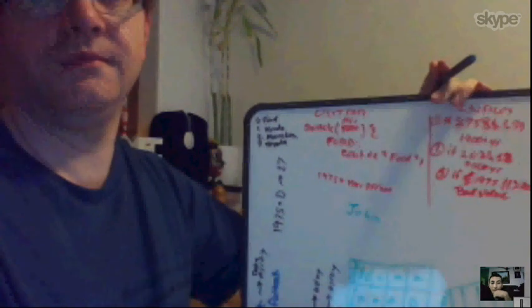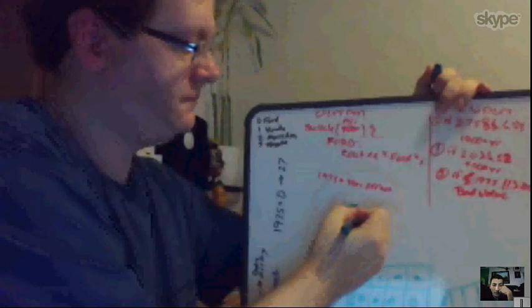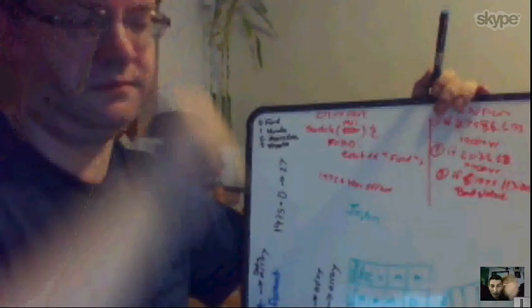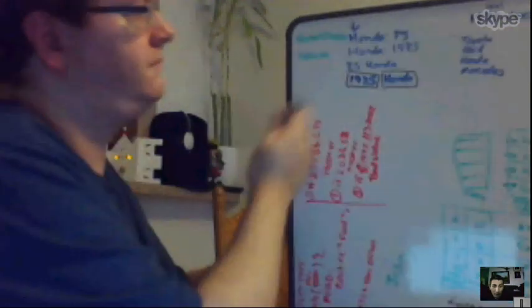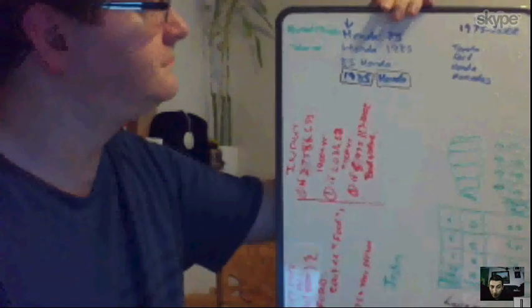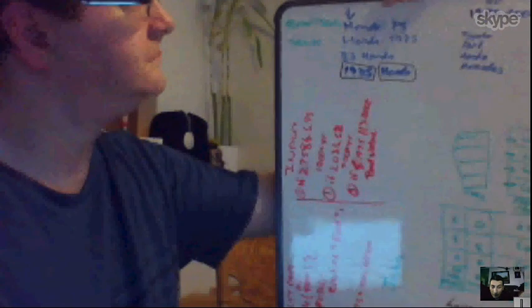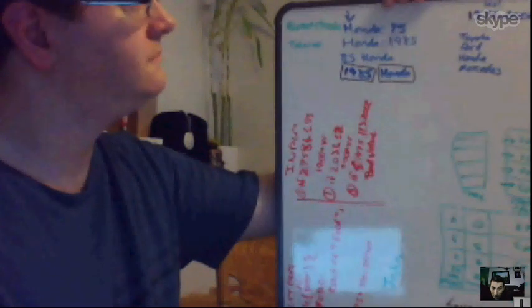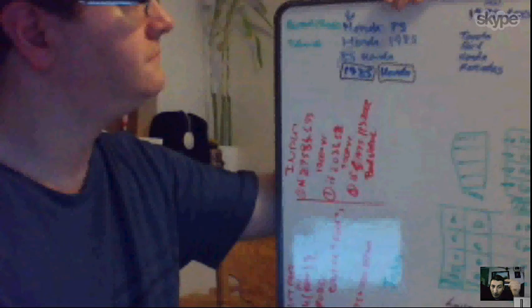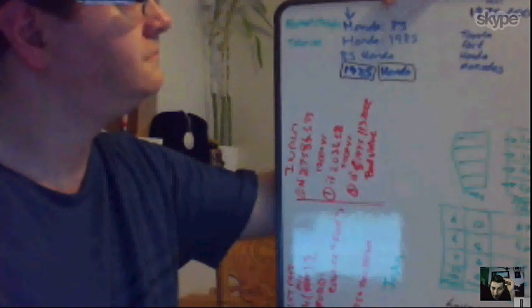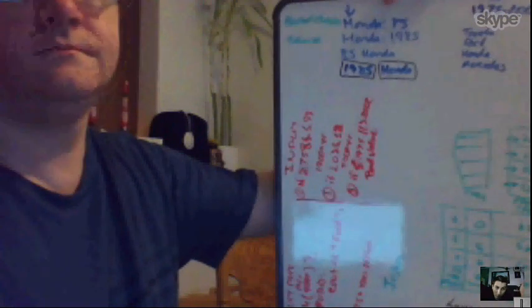Let me talk about this one because this is what I was thinking this whole time. If you think about this, the Honda colon 1989, that's the only one that's different from the other formats. The other two formats still have a year, and then they have a make. The only difference is the first one has the make and then a colon and then the year.